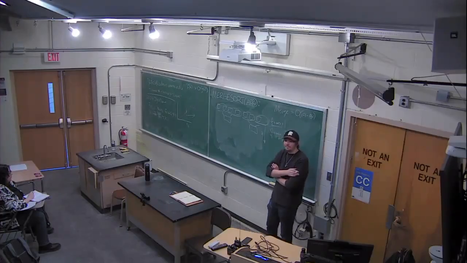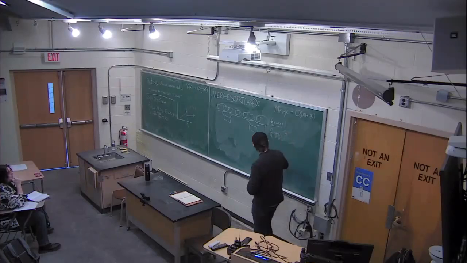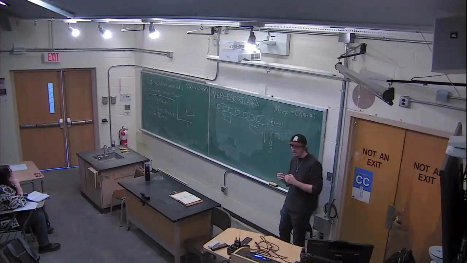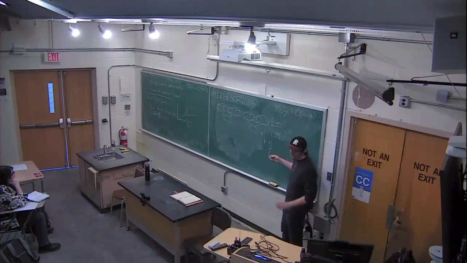It would be n over 2 to the power of A, because each time I have half the number of them, right? And how many comparisons would I need to make?